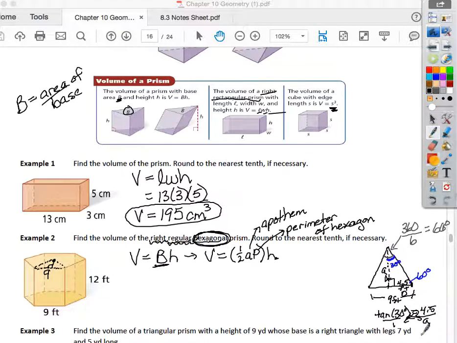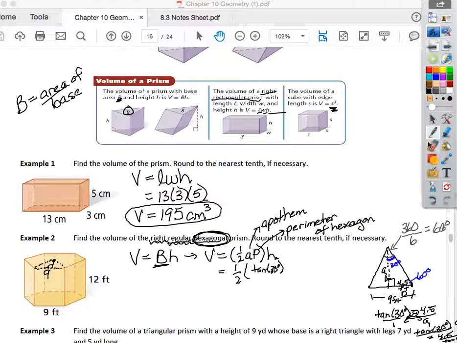So when you do that, you'll end up having the tangent of 30 degrees times a, and that's going to equal 4.5. So you would then have to divide both sides by the tangent of 30. Sorry, that's a little squeeze there in the bottom. So really, you'll have 1/2 the apothem, which you can either do in special right triangle form or using some trig.